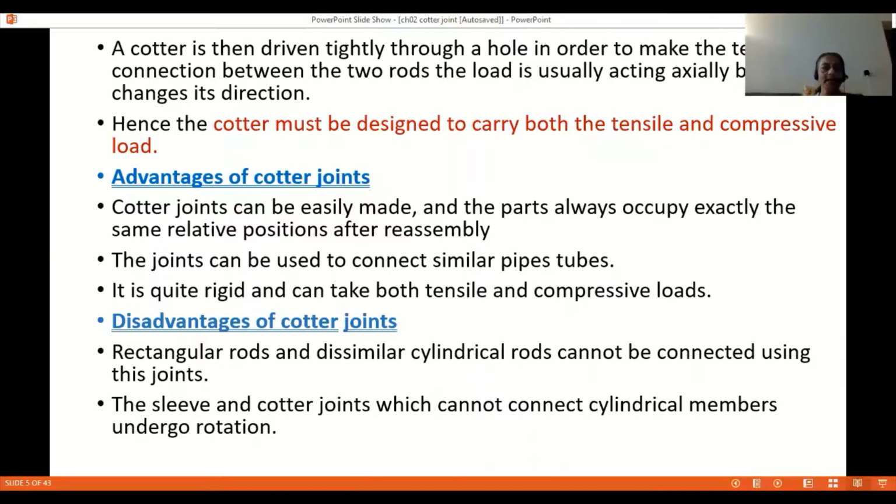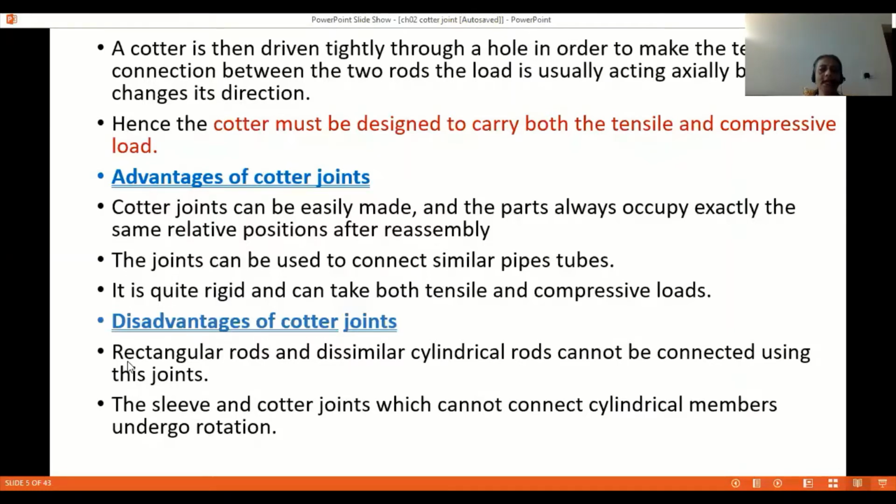A quarter joint can be easily made, and the parts always occupy exactly the same relative positions after reassembly. It can be used to connect similar pipe tubes. It's quite rigid and can take both tensile and compressive loads. What are the drawbacks of quarter joints?